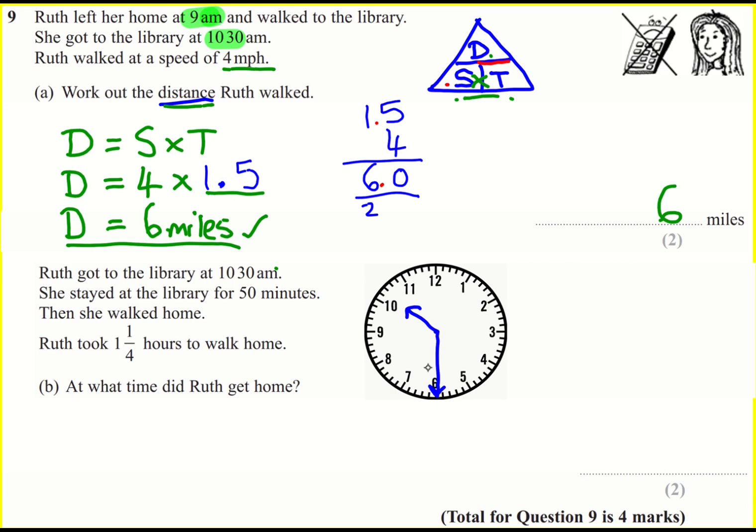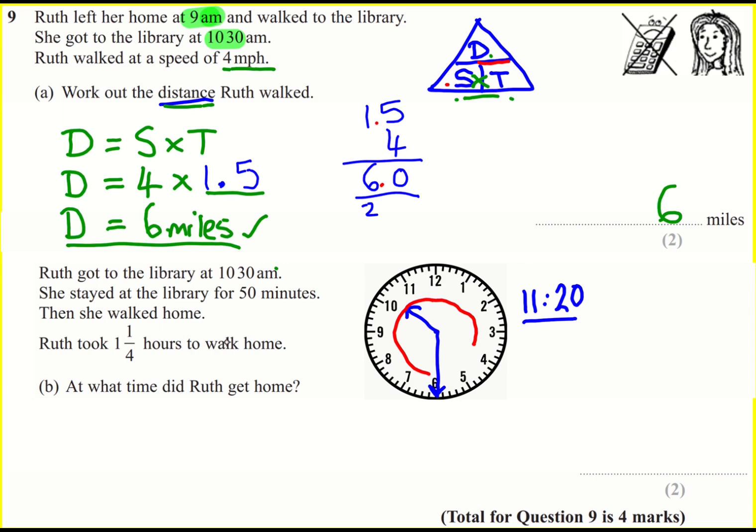So 50 minutes would take me, so this would be half an hour, that would be half an hour, 40 minutes, 50 minutes. So that time would then be 11:20. So you can make a little note of that. That's the time that she's going to stay in the library until. That's 50 minutes after she arrived.